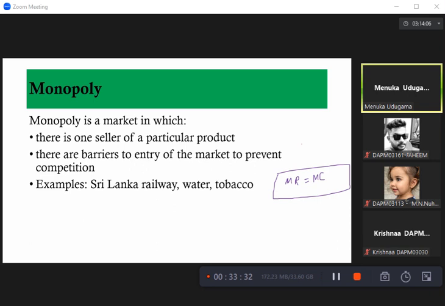Okay, total revenue you can find by multiplying price of the product and quantity. අපේ total revenue එක හොයාගන්න පුළුවන්. මේකෙන් අපිට marginal revenue හොයාගන්න පුළුවන්, just like we did in the cost function. Total cost එකෙන් අපිට marginal cost එක හොයාගත්තා වගේ. You equate these two and then you will find the optimum quantity to produce. ඊට පස්සේ අපි දැක්කා කොහොමද ඒක demand curve එකට line එක extend කරලා price එක decide කරන්න කියලා.